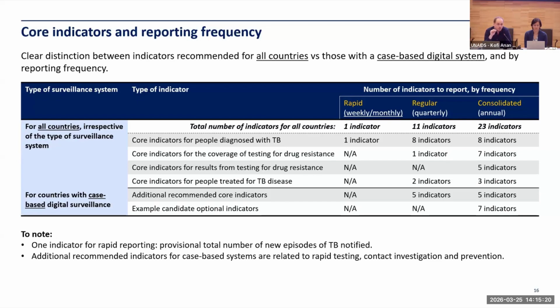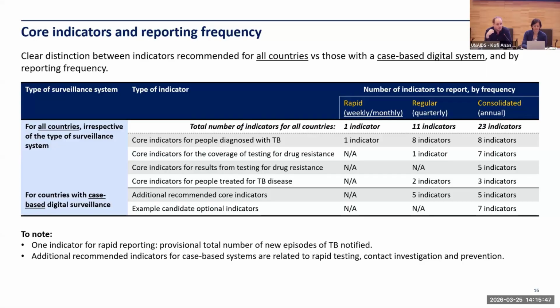We then have the usual quarterly and annual reporting, which we're now calling regular and consolidated. And you'll see that we have a different number of indicators for each of those. Fewer indicators to be reported quarterly. And the reason why we did this is to try to alleviate a bit of the burden on reporting of data at the quarterly interval. And then you can see that we have the indicators categorized in these 4 categories.